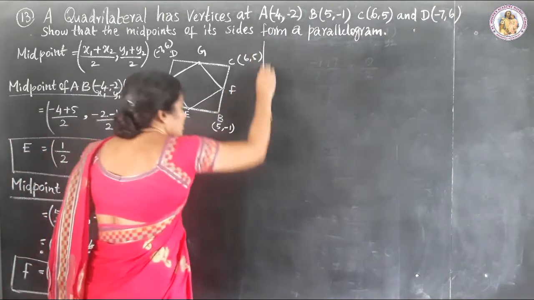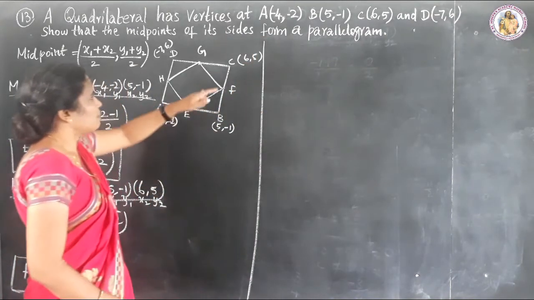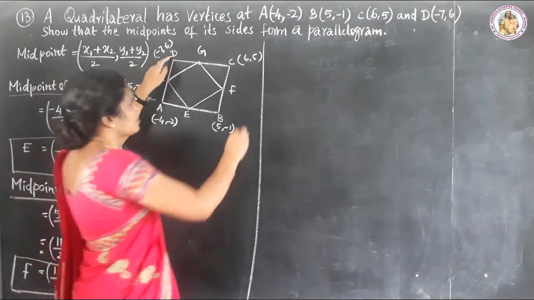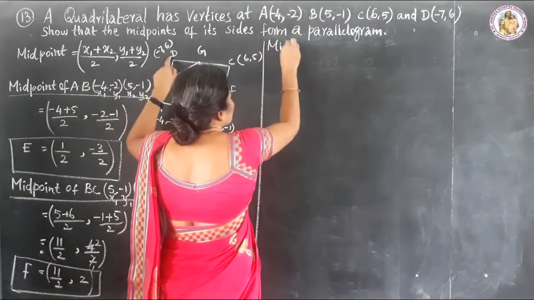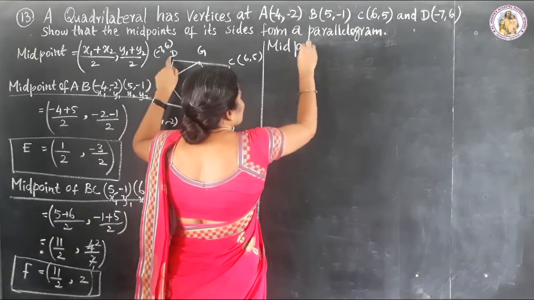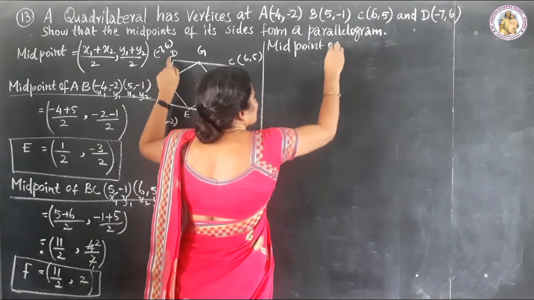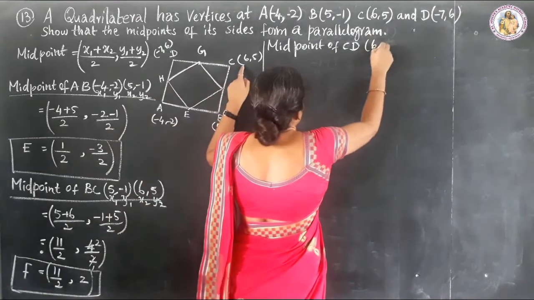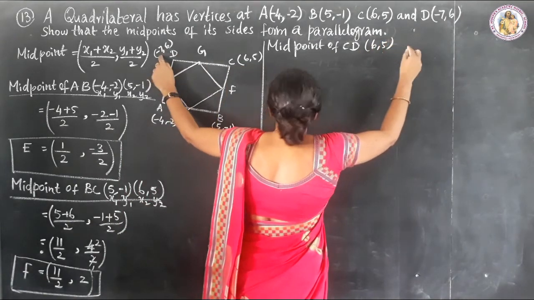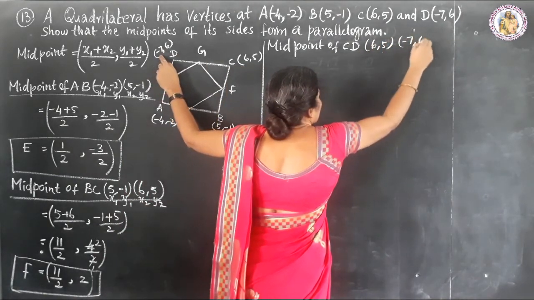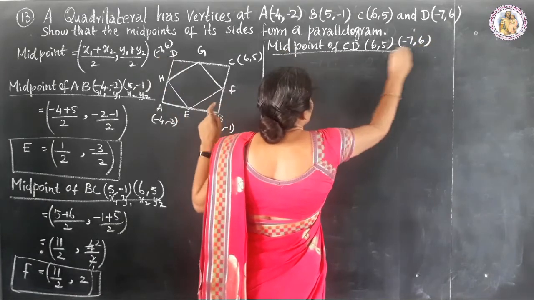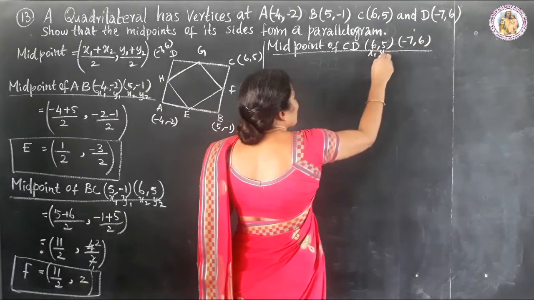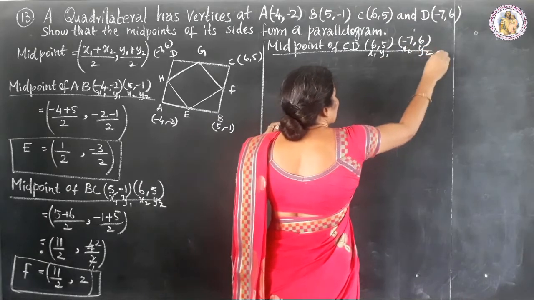Now let us find the midpoint of CD. C is 6 comma 5 and D is minus 7 comma 6, taken as x1 y1 x2 y2.